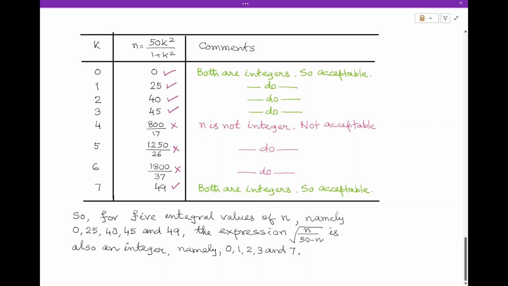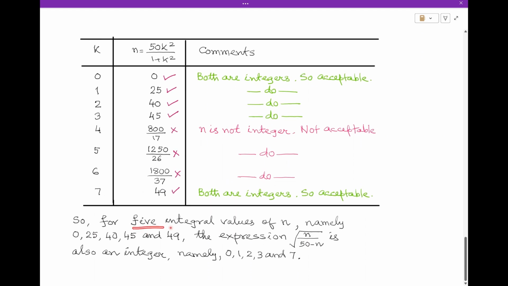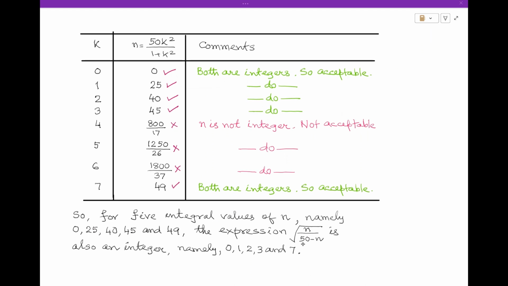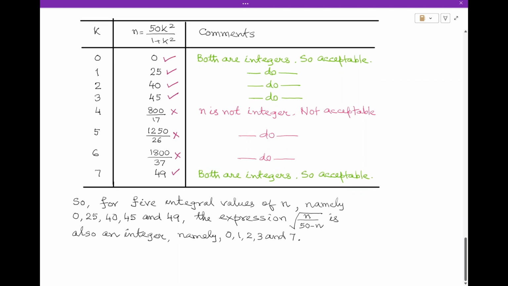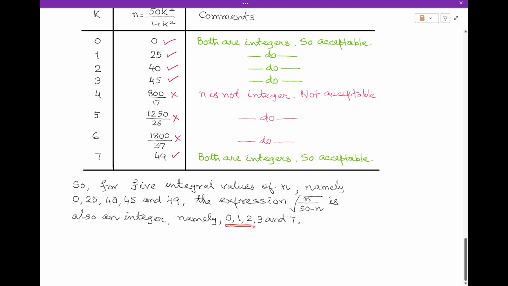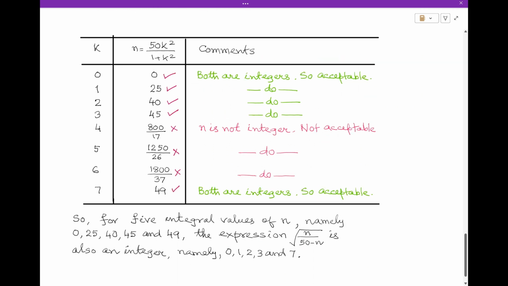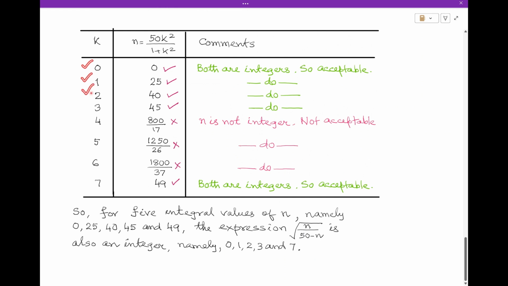Therefore, for 5 integral values of n, namely 0, 25, 40, 45 and 49, the expression square root of n divided by 50 minus n is also an integer, namely 0, 1, 2, 3 and 7. So this is the answer.